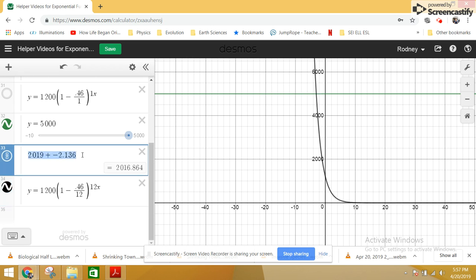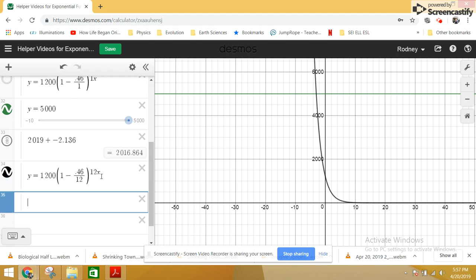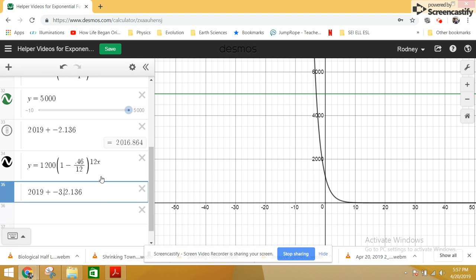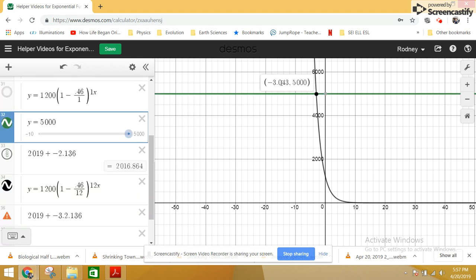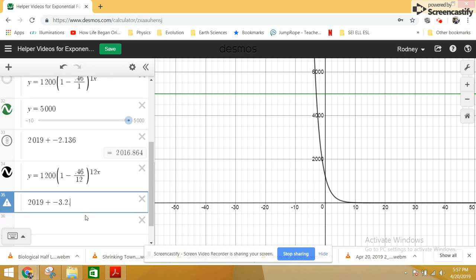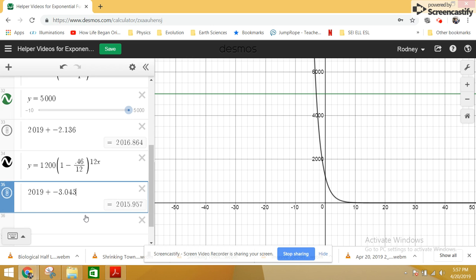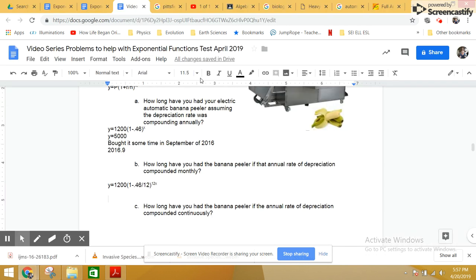So we're going to take the same thing, copy that over here, and replace that with negative 3.043, and we get 2015.9. Actually, we'd round that to 2016. So right at the beginning of 2016, we would have bought it if it was compounding monthly.